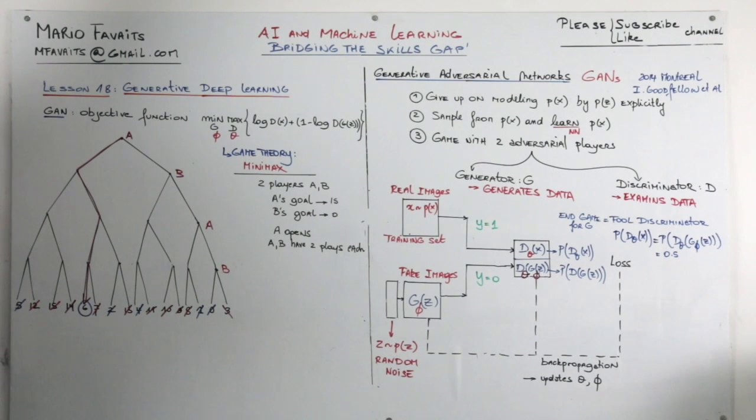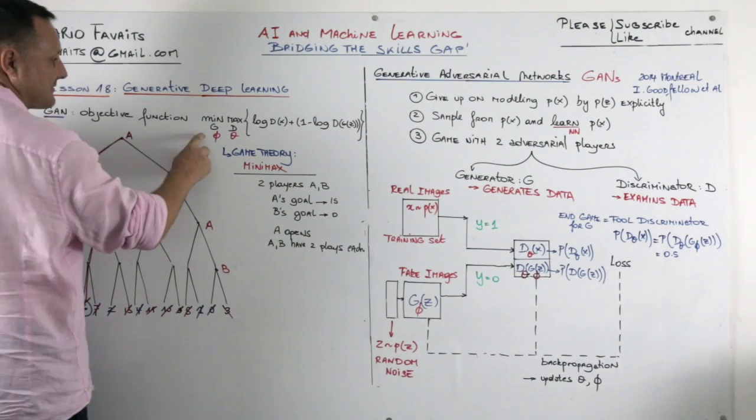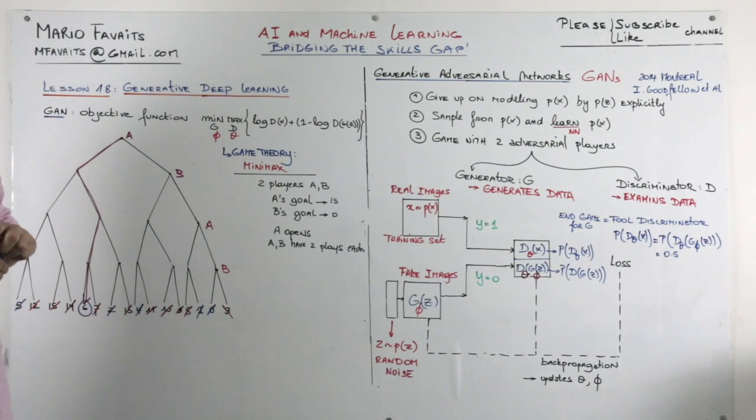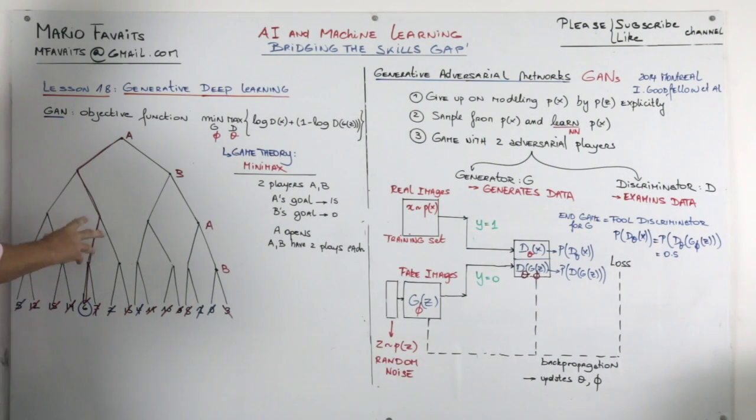So this is basically what game theory says. We have a min-max problem here, although in reality there are lots of issues with convergence. But I just wanted to give you a feel of how a min-max problem is defined.